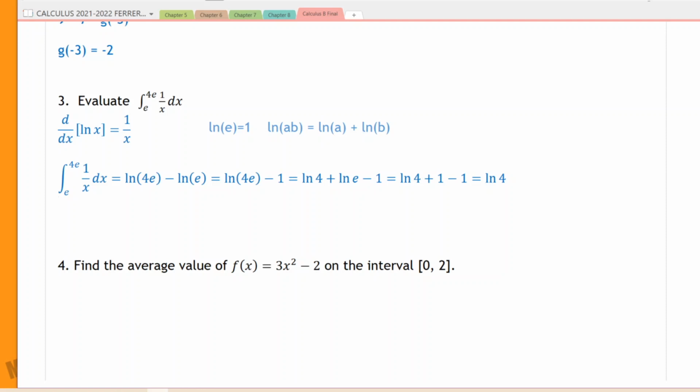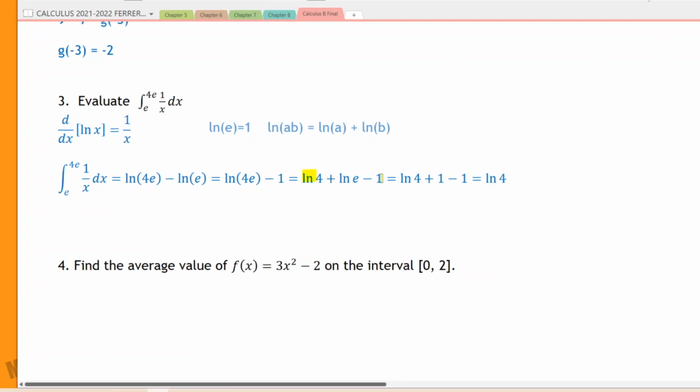Well, again, the natural log of e is 1, so we get the natural log of 4 plus 1 minus 1, and that's just equal to the natural log of 4.